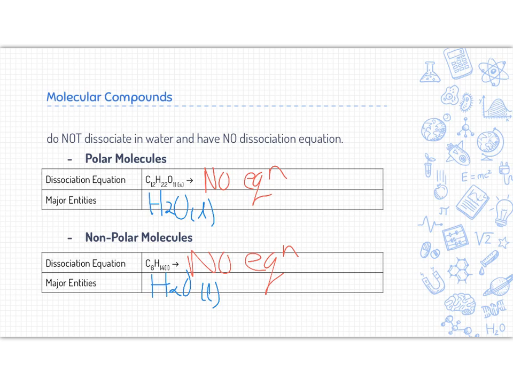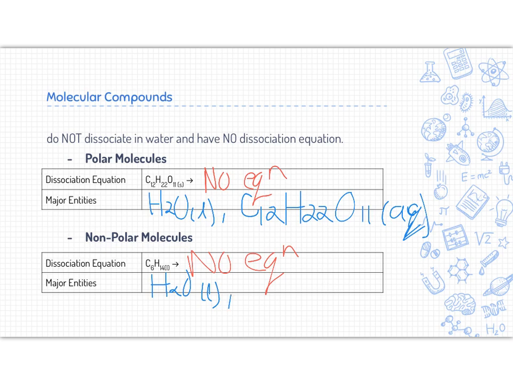We see that sugar dissolves in water. So C12H22O11 will no longer be solid. It is aqueous. However, it's not broken up into any ions. It is still a neutral molecular compound.